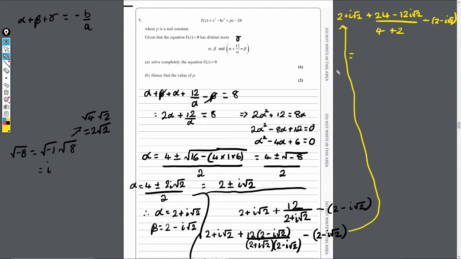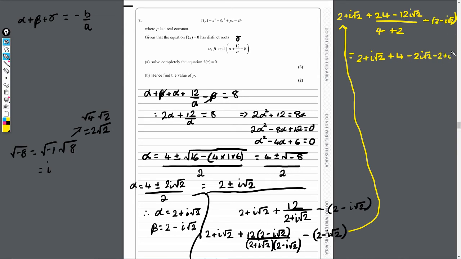So now we can keep simplifying. This is going to be 2 plus i root 2. So this is 24 over 6, so that'll be 4, plus 4, minus 12 i root 2 over 6, that'll be minus 2i root 2. And I've got minus 2 plus i root 2.